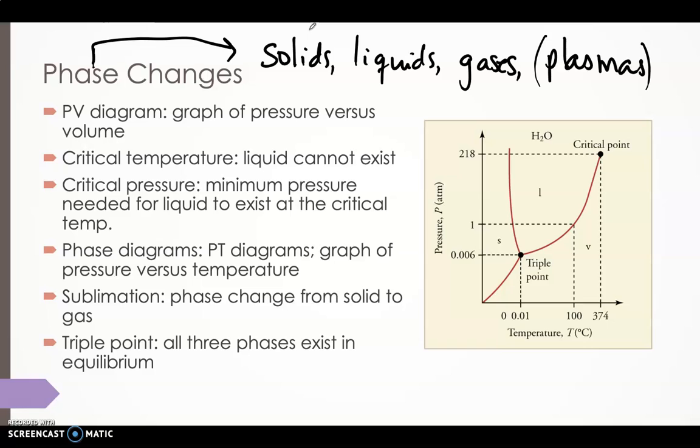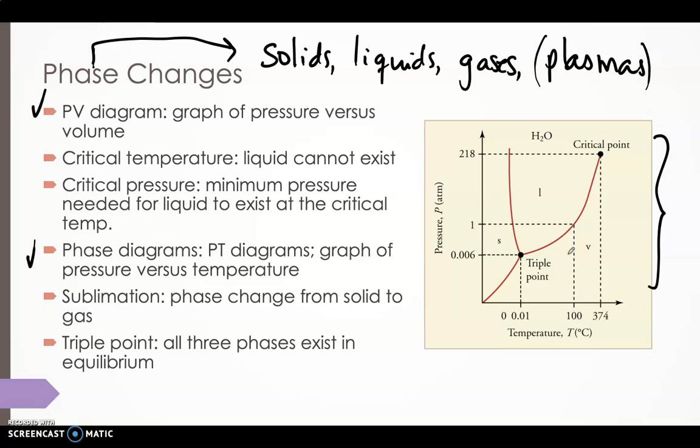We also have these things called phase diagrams, which is PT diagrams, which is a graph of pressure versus temperature. So these two. This one is much more common, I believe, in order to describe what's going on, what temperature and pressure you need to reach in order to be at these different phases.